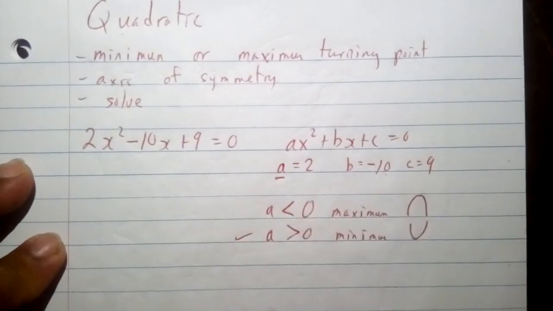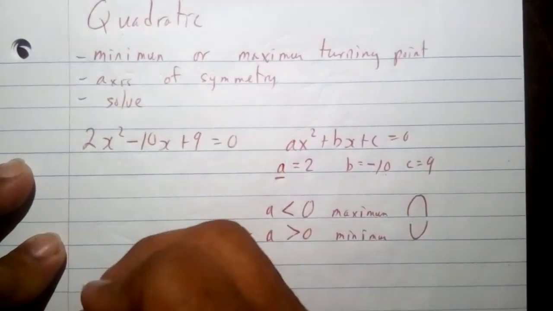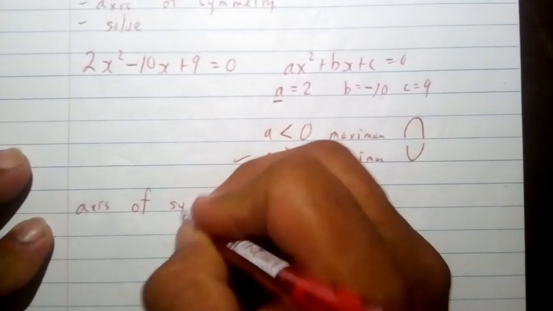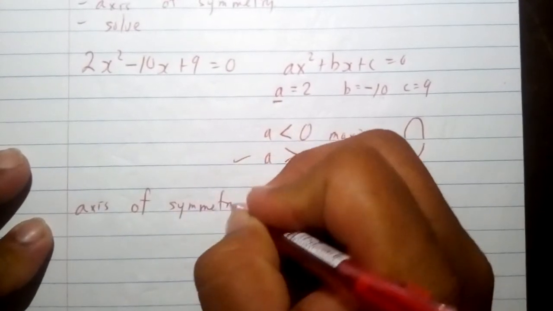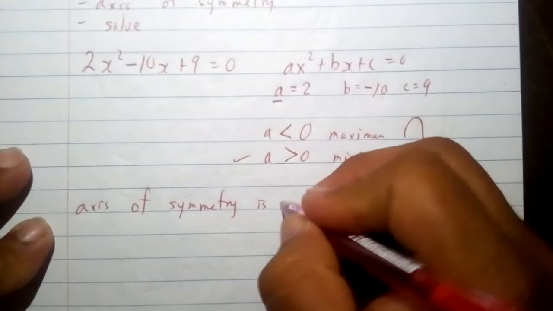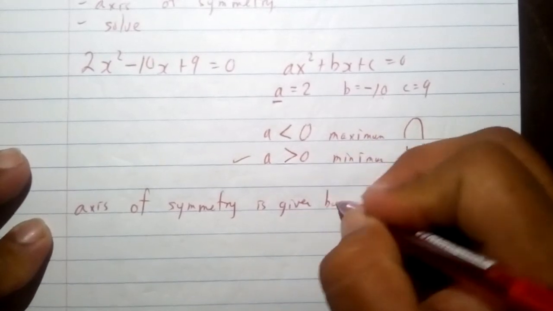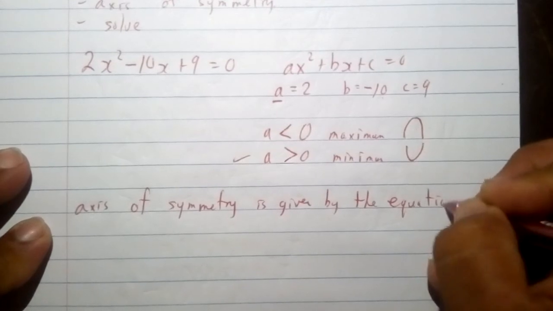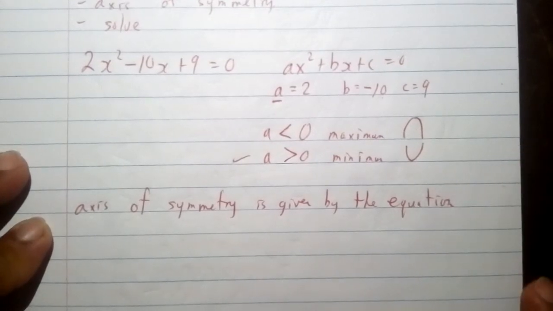Okay, axis of symmetry is given by the equation, and we could go and find what the equation is, but I'm going to give you the equation directly so you know.